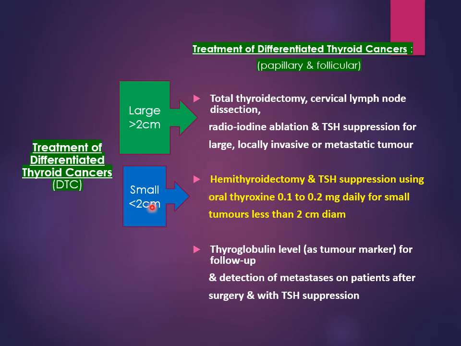Okay, so these are the two groups of tumors, and in both groups, thyroglobulin level is used as a marker for the follow-up of these patients after thyroidectomy or radioablation, and also for the detection of metastases in patients after surgery and with TSH suppression. Okay, so for this, we use the TG levels for follow-up.